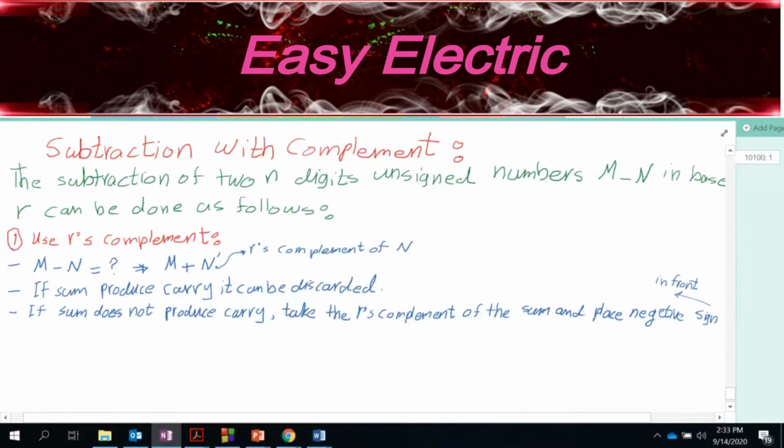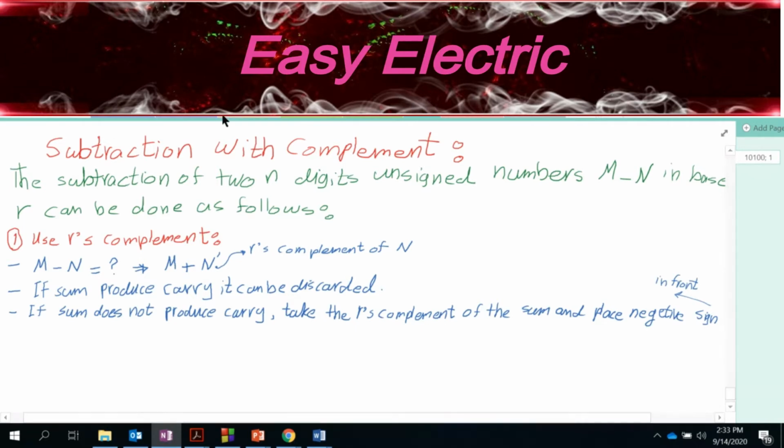If you don't have the carry, that means carry is 0, you again take the r's complement of the sum. That means whatever you got as m plus n prime, you take the r's complement of that and also add a negative in front of that number. That should be the result for m minus n.